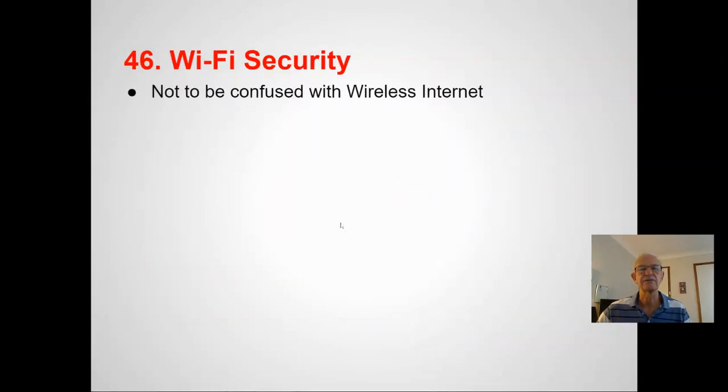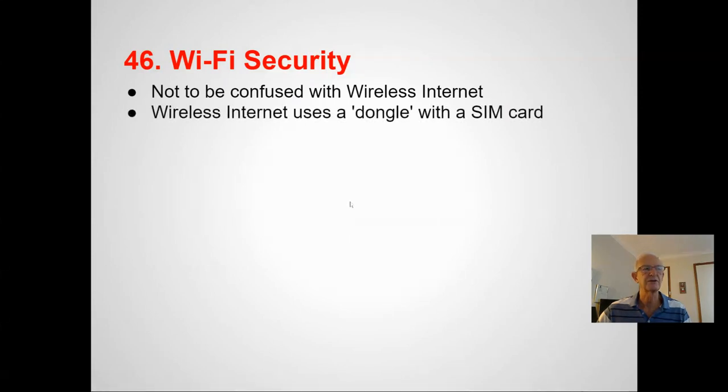And going a bit further with that Wi-Fi security, not to be confused with wireless internet. Some people in the outer suburbs of Sydney are provided their internet via wireless internet. And this is not the same as Wi-Fi. This is wireless internet coming from the mobile towers, and more or less using the same access as your mobile phone uses to do data-orientated applications.